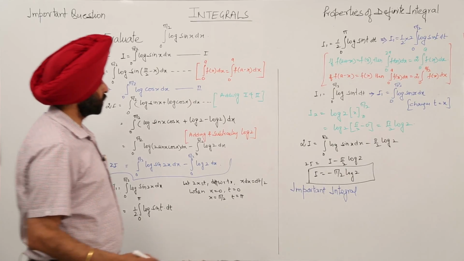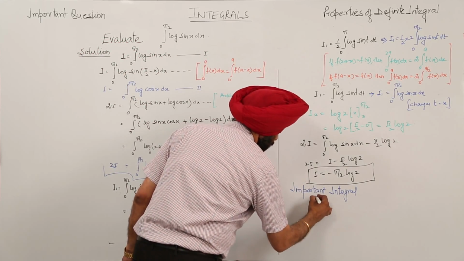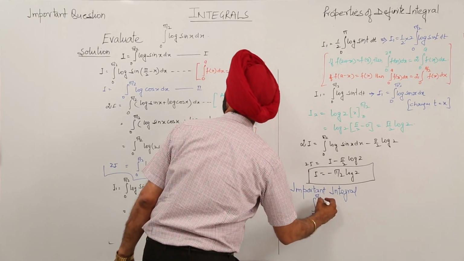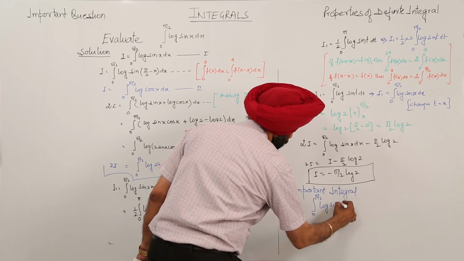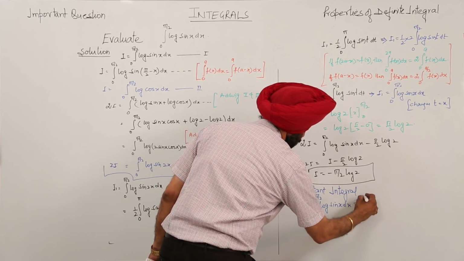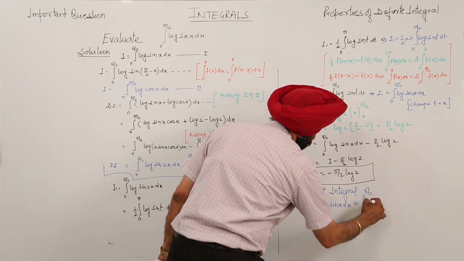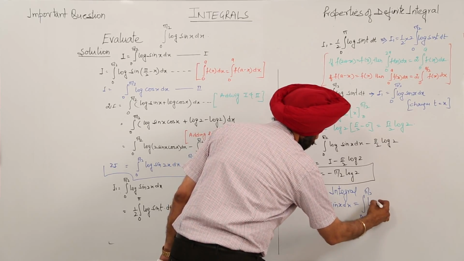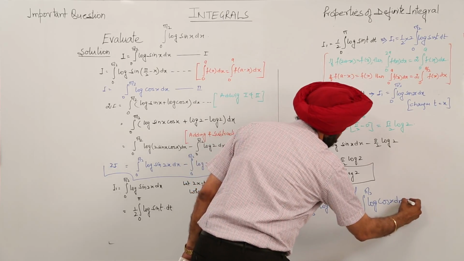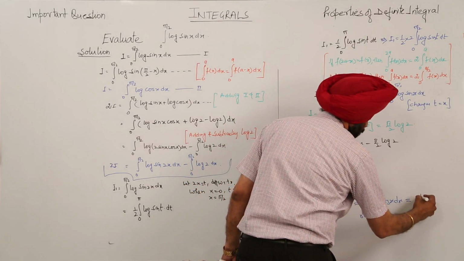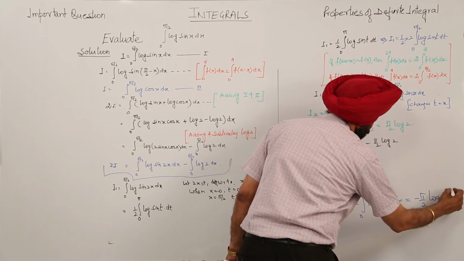We can write 0 to pi by 2 log sin x dx is equal to 0 to pi by 2 log cos x dx, which is equal to minus pi by 2 log 2.